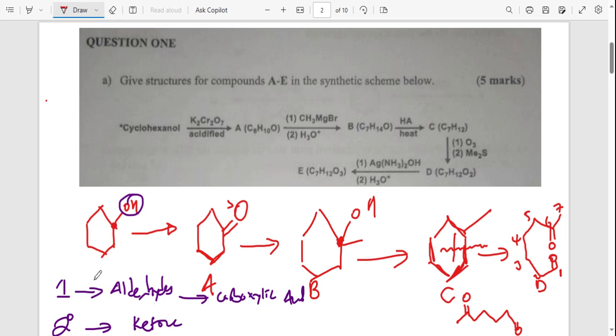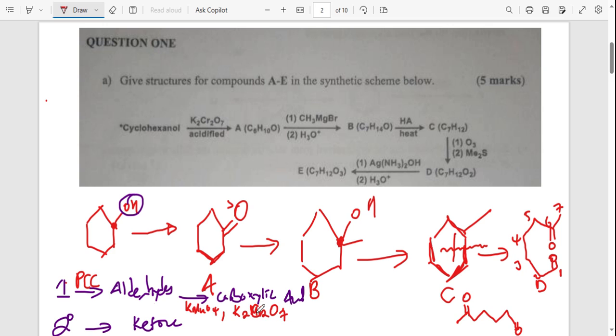For me to convert a primary alcohol into an aldehyde, I should use PCC. But if I want to convert a primary alcohol into a carboxylic acid, I can use potassium permanganate, and then I can also use this compound, K2Cr2O7.